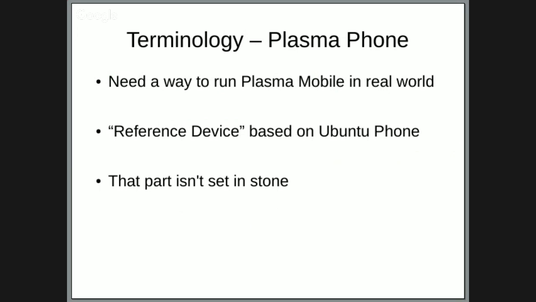So that could be switched out with Mer or x86 or any other platform. So we've got this distinct separation between Plasma Mobile, which is turning Plasma to work on a mobile, and a full experience that you can install purely for testing and development.